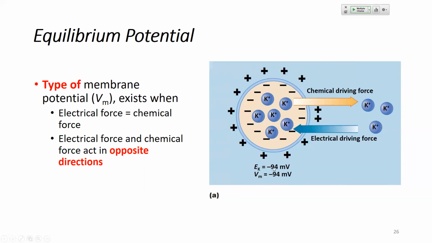The equilibrium potential is really indicating to us what the chemical driving force looks like. Whereas the membrane potential is indicating to us what the electrical driving force looks like. What does that separation of charge look like? And when these two forces are equal and opposite, there is no net movement. Okay, very important.